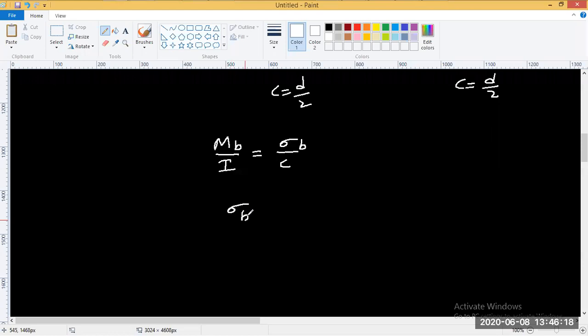So sigma B is written as MB C by I. Sometimes you can send this C to the denominator, and you'll get MB by I by C. This I by C, the moment of inertia divided by the distance from the neutral layer to the outer fiber, you call it the section modulus.